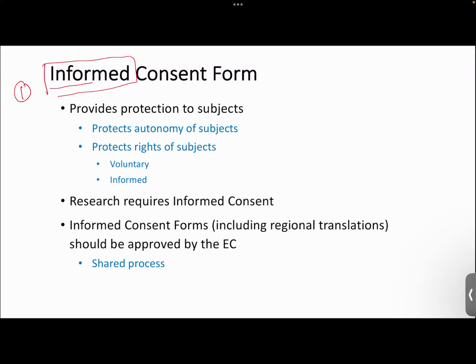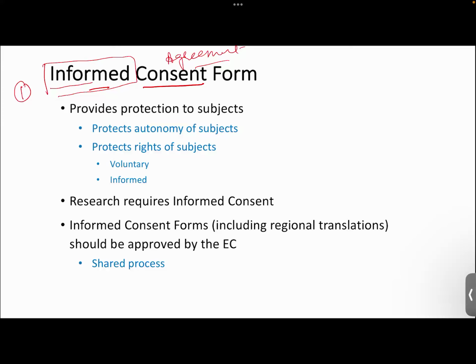The consent is that we are taking their agreement, yes or no. Basically, this form means that we are sharing all the information with the patient or research participant, and taking their consent.